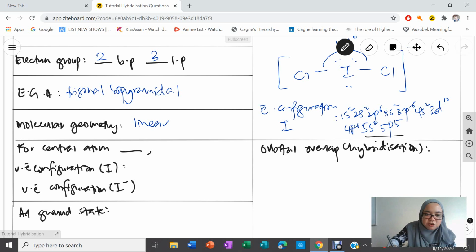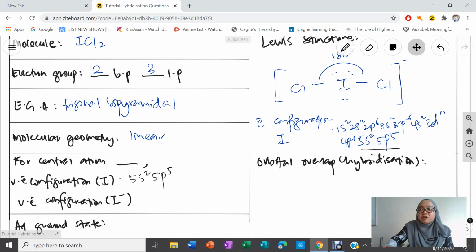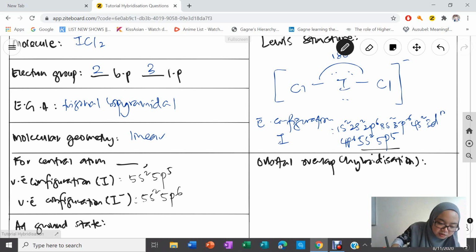However, for the valence electronic configuration for I minus, we got the negative charge here, right? So the negative charge is automatically on the central atom. So I minus is 5s2, 5p6, plus 1 electron at the outermost orbital. Okay, so we got our valence electronic configuration.